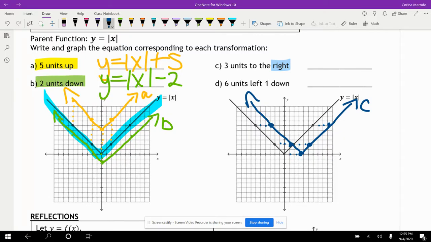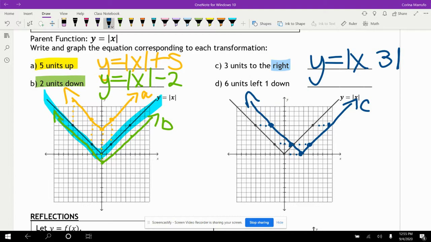All right. Now we need to write the equation. Since we're moving to the right, it's going to be y equals the absolute value of x, and then the 3 is going to go inside the absolute value this time. The reason for this is that's what identifies it as a horizontal shift.